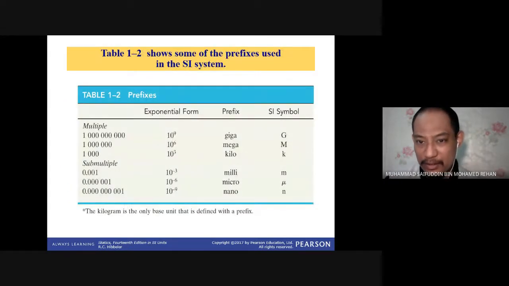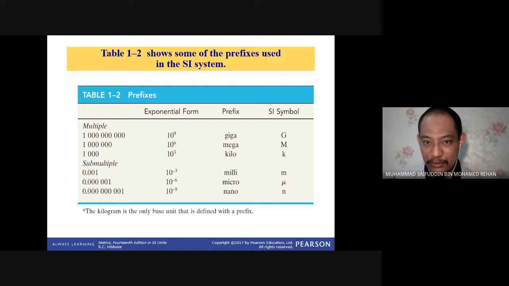In terms of this, also you have learned this before, right? The prefix and the symbol to represent those numbers, right? For what is giga, mega, kilo, milli, micro, nano. Obviously, in statics we only normally use the bigger side, right? Giga, mega, kilo. The minimum I think is milli, like millimeter.